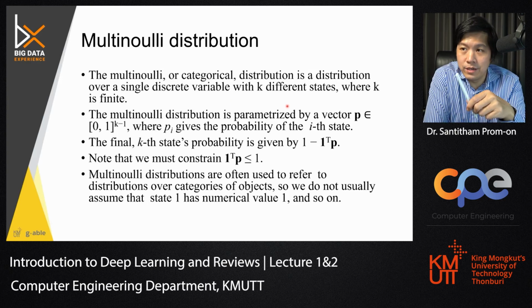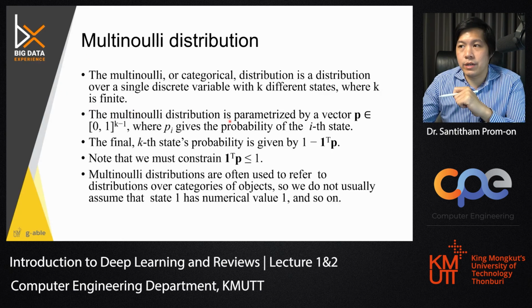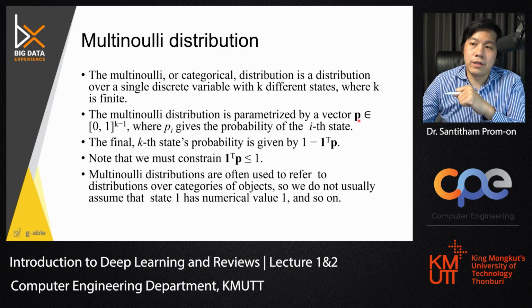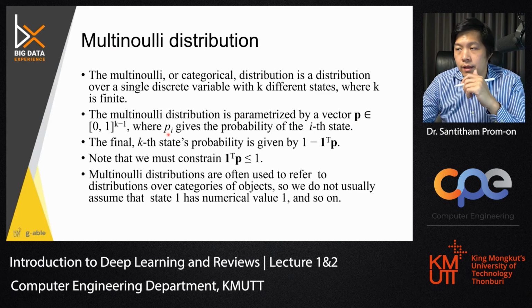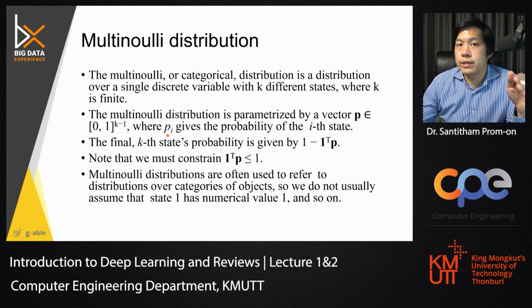The multinoulli distribution is a distribution that takes a single discrete value out of k different states. It can be parameterized by p, a vector where each p_i tells the chance that you belong to that class.